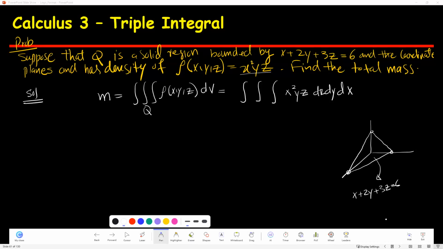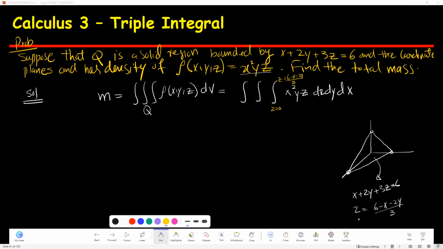I'm going to take the value of z from here, so z equals 6 minus x minus 2y, divided by 3. This is the value I'm going to substitute here, so z goes from 0 to 6 minus x minus 2y over 3.